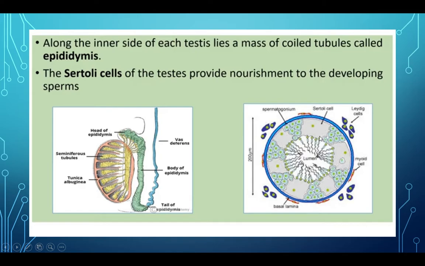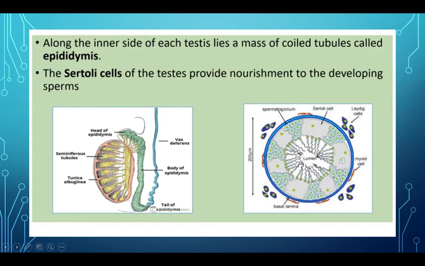So these sperms will straight away go to the Sertoli cell and receive the nourishment. The energy will be provided with the help of Sertoli cells. Nourishment means a kind of energy. Food will be provided with the help of Sertoli cells.